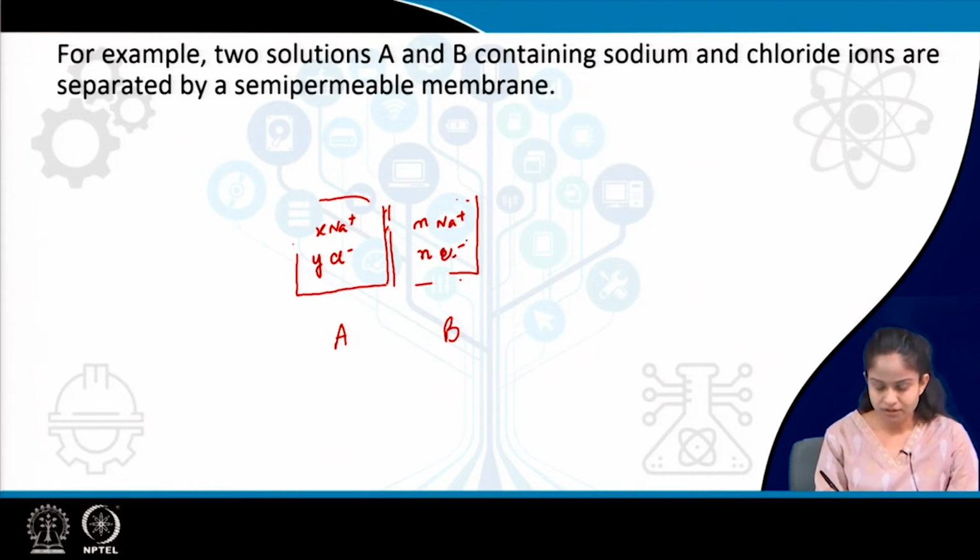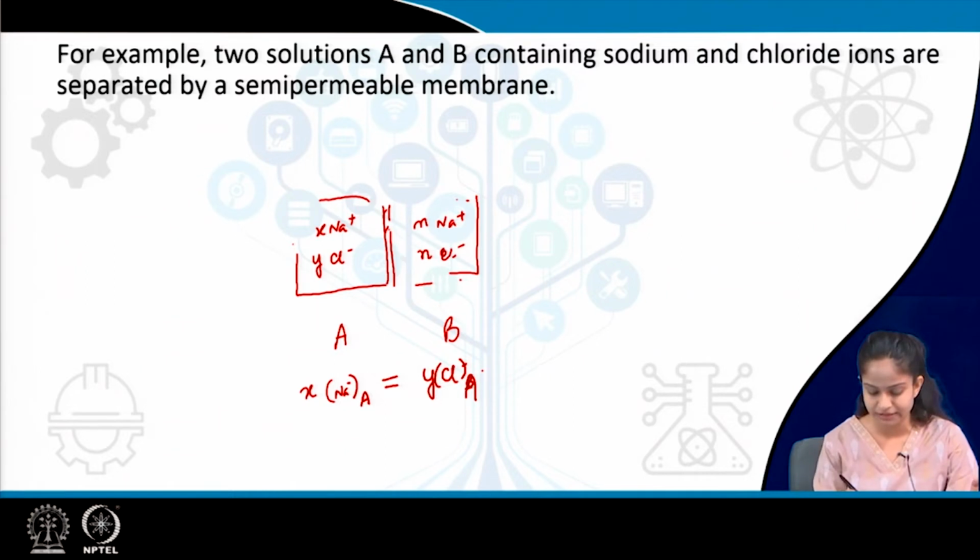As per the rule, for the solutions to be in equilibrium, the x sodium ions in solution A should be equal to the y chloride ions of solution A. That means the number of cations of one solution should be equal to the number of anions of the same solution. Similarly, in solution B, the m sodium ions should be equal to the n chloride ions.